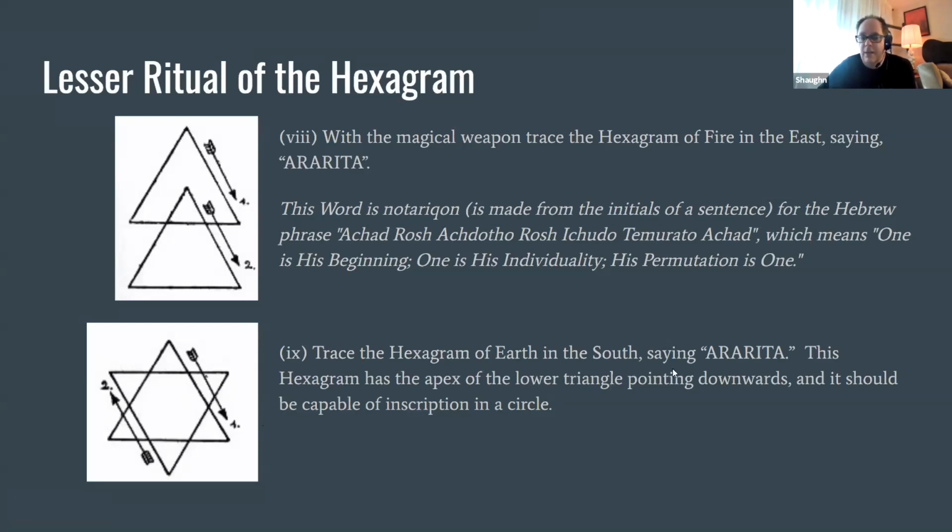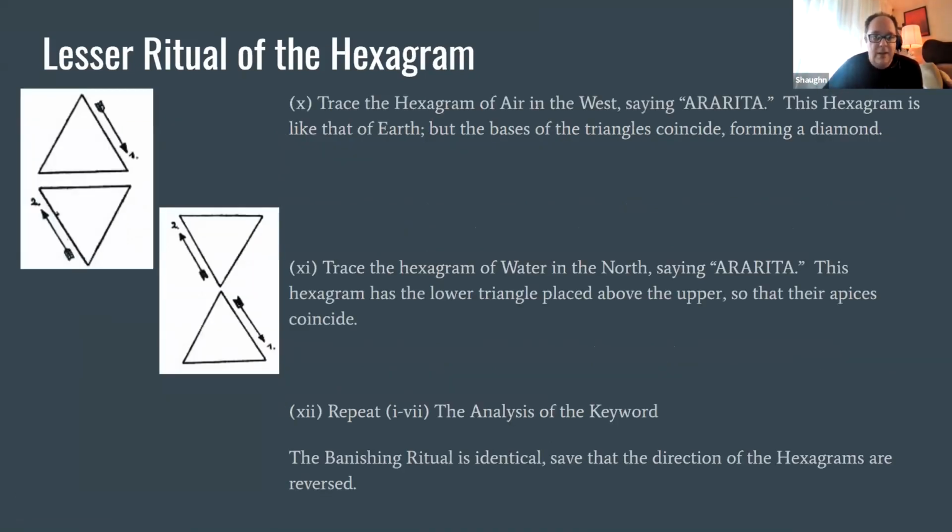So you draw that and then say Ararita. And it says that this hexagram should be capable of being inscribed in a circle. Next, we do the hexagram of Air, which is two triangles with the bottoms kind of touching.